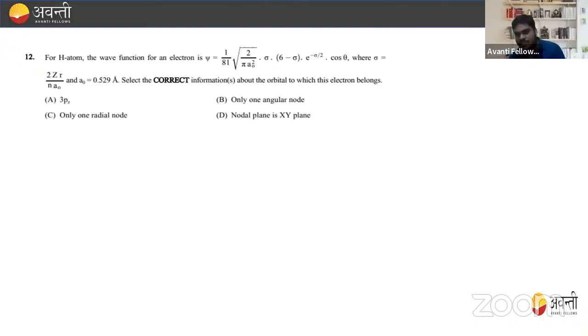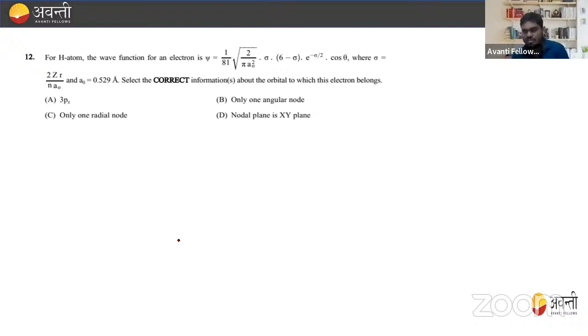How will you know? Since the angular function, that is cos theta, is for orbital pz only. And the power of sigma is also equal to 1, so it means l is equal to 1. Let me derive the formula.